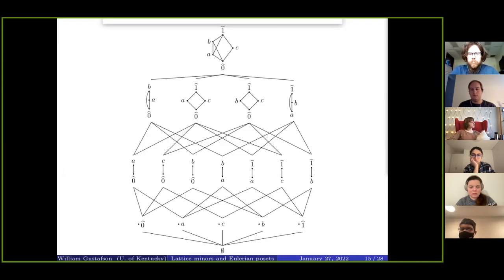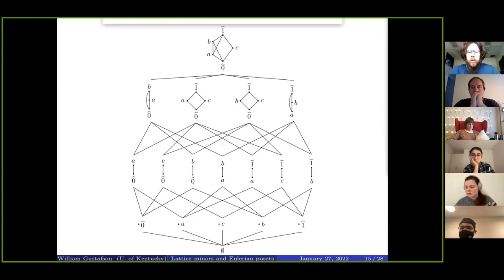Here's an example. The top, that's the 5-element lattice. That's a running example in this talk. And some interesting things to point out. At the bottom, you can see the rank 1 elements are corresponding to the 5 elements in the lattice.